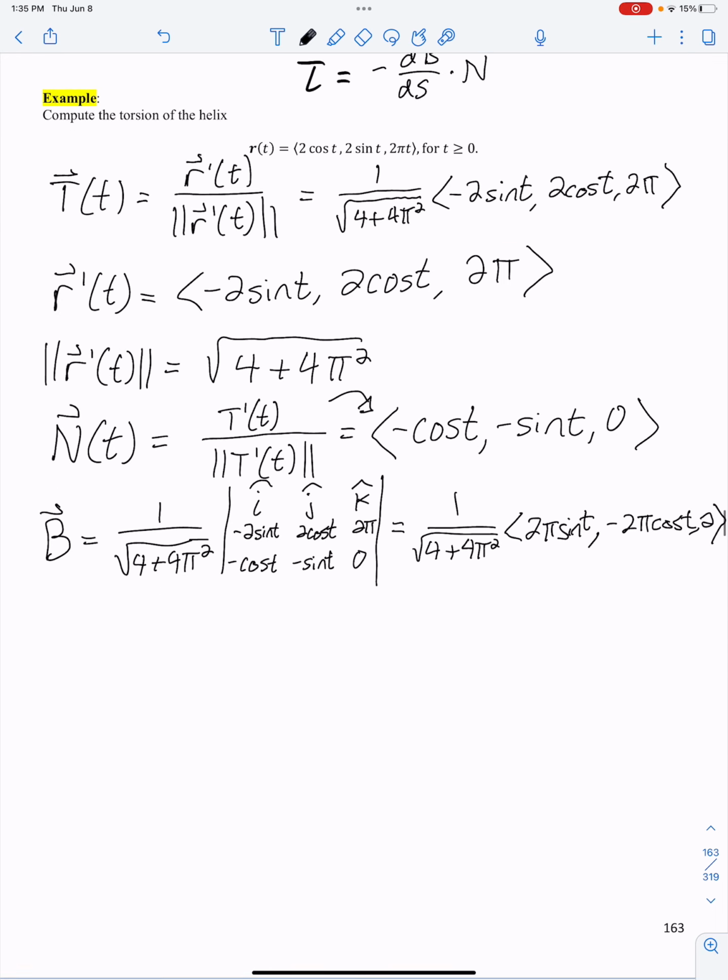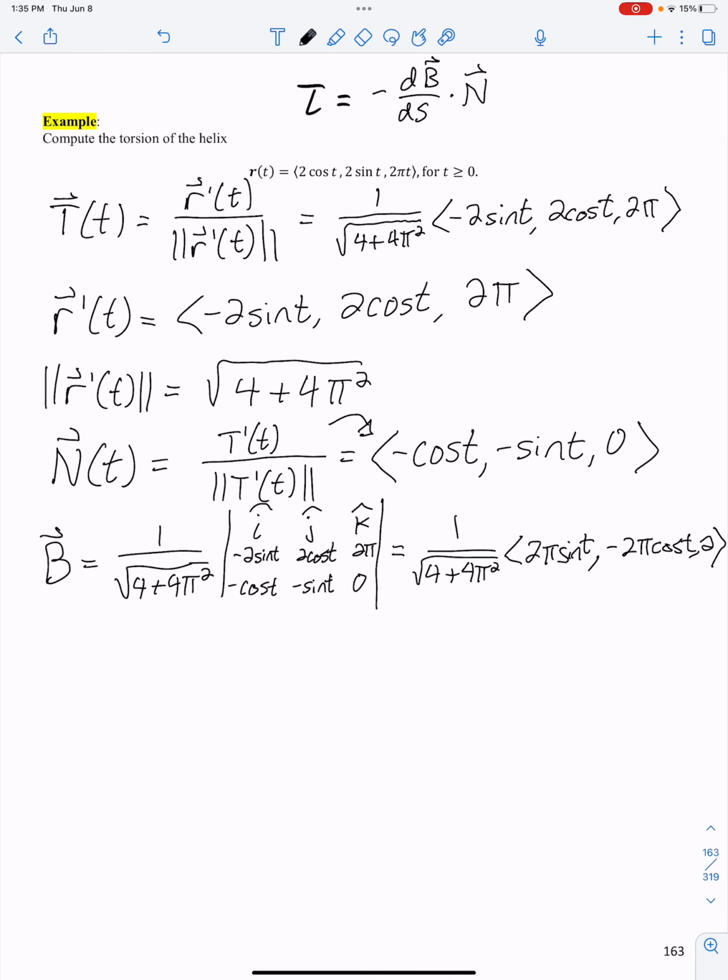So we have that formula. We're trying to find dB/ds. We're going to use what we did a second ago in one of the theory parts, that we can use the chain rule here to do dB/dt times dt/ds.